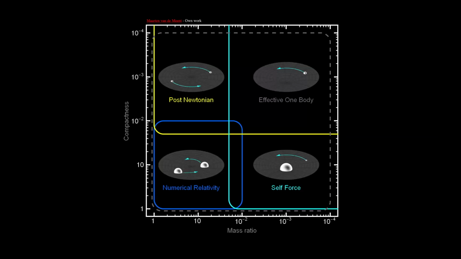While in the effective one body, we are restricting ourselves to a particle moving in the gravitational field of, for example, a rotating black hole. So we have one black hole and one particle with the mass of a black hole.